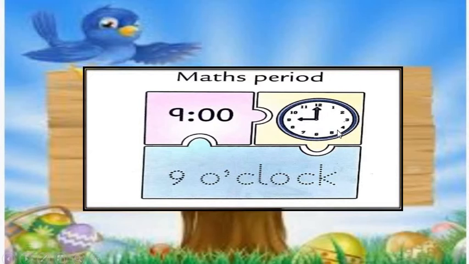You can see the clock which has numbers 1 to 12 on it. The short hand is at 9 and the long hand is at 12, which means it is 9 o'clock. We can write the time this way also: 9:00.